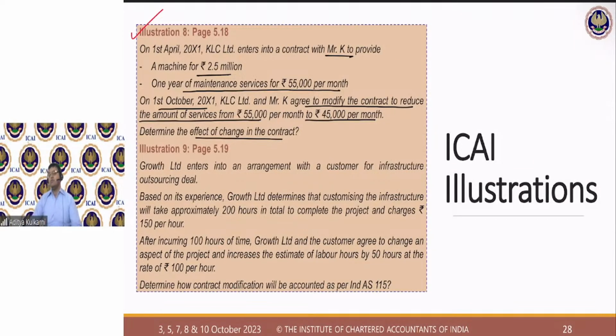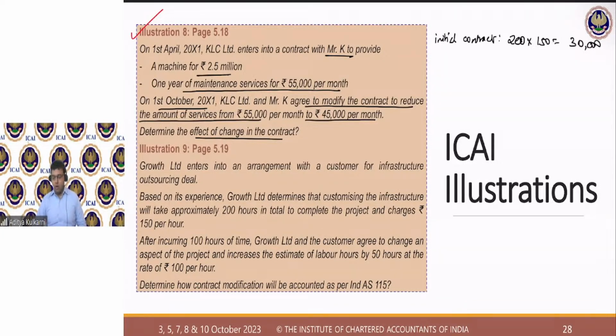As per Ind AS 115. Now, see. Initially, what did we propose? Initial contract: 200 into 150, so this is 30,000. Initially, you have proposed this rate.